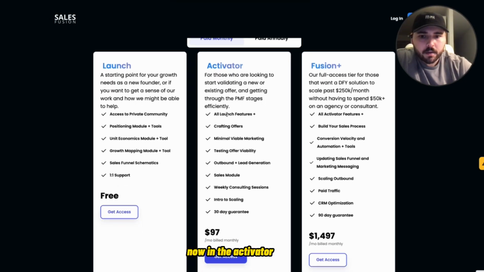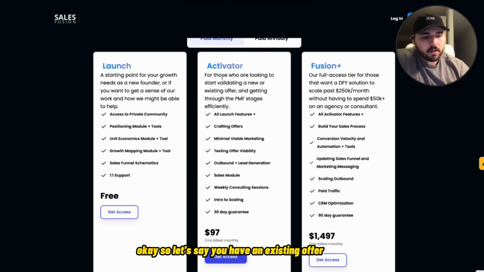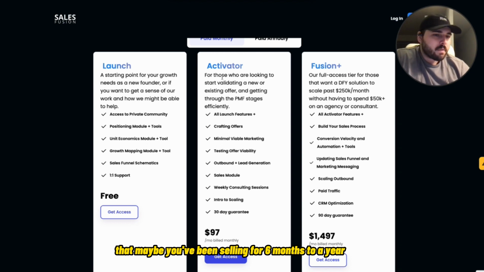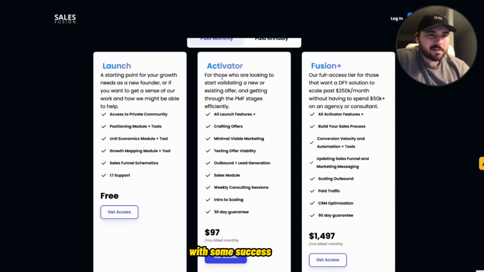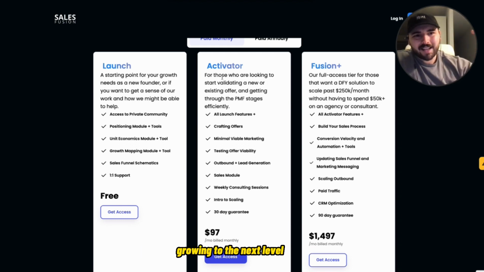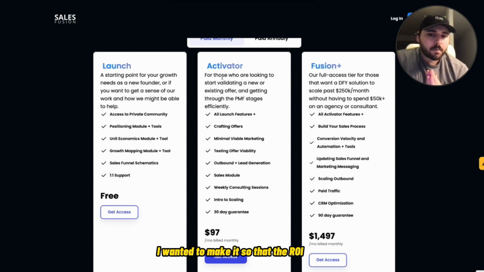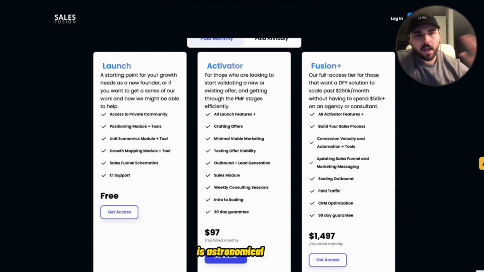Now the activator is for folks that want to start actually validating a new offer or an existing offer. Okay, so let's say you have an existing offer, maybe you've been selling for 6 months to a year with some success, but you think that there might be a couple of levers that you need to pull to start growing to the next level. Now in the activator plan here, I wanted to make it so that the ROI is astronomical.